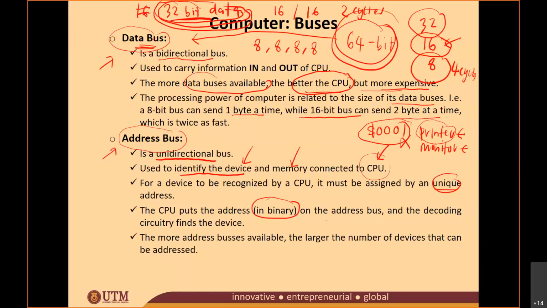The decoding circuitry will find the printer, and once it finds the printer, it will print out whatever data the CPU sends out. The larger the address bus, the larger the number of devices that can be addressed. So the size of the address bus determines how many devices you can connect to your CPU.